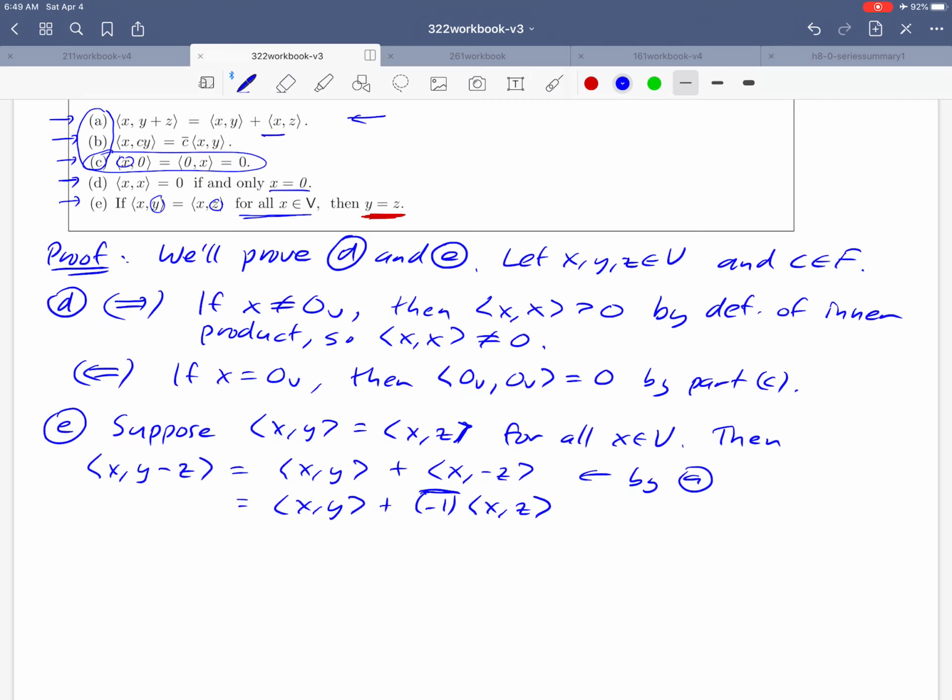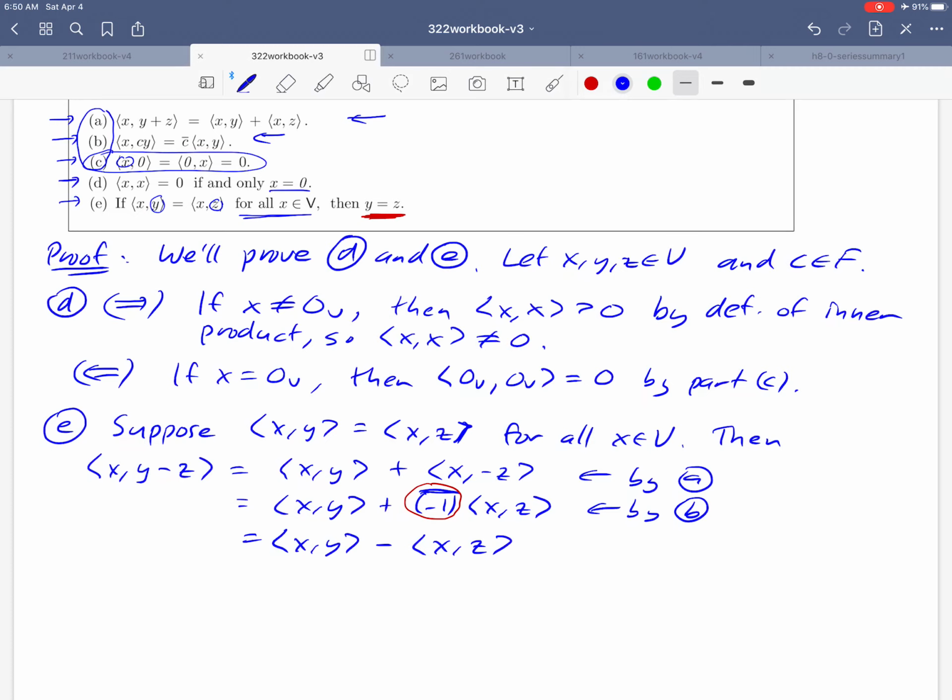That's really using part B up here. Okay, but what happens when you take the complex conjugate of a real number like minus 1? Well, it doesn't change. It stays the same. There's no imaginary part. So the conjugate of negative 1 is just negative 1. So we've got the inner product of x with y minus the inner product of x with z.